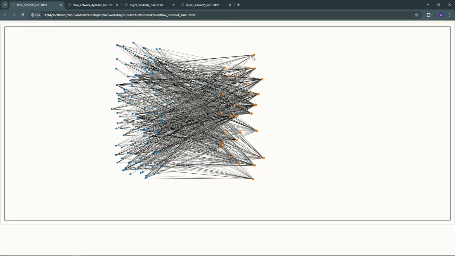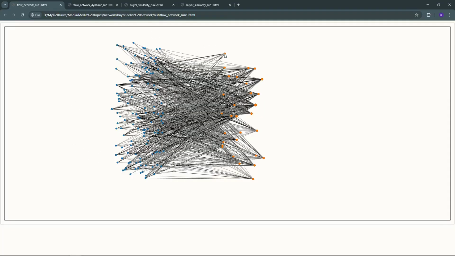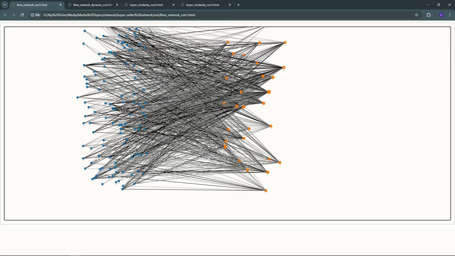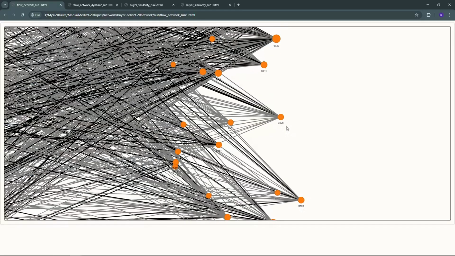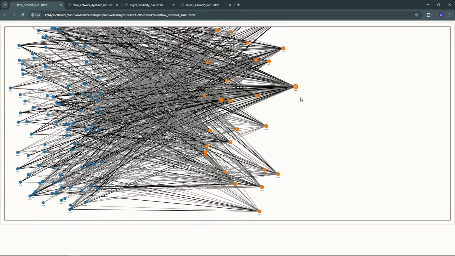So this is the bipartite nature, the first visualization on the network itself. That is the usual buyer-seller network that you expect to have. And here, as you can see, we add the labels. So one of the central ones was this seller.